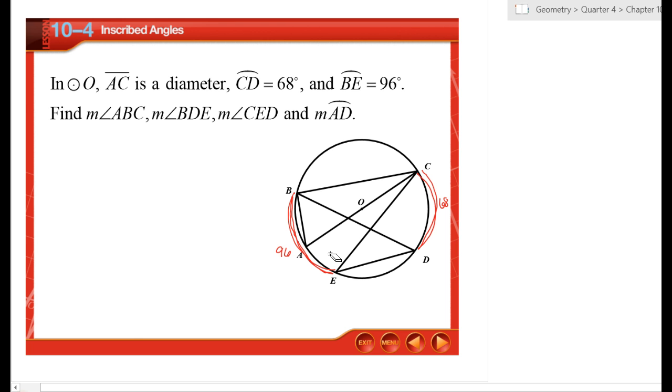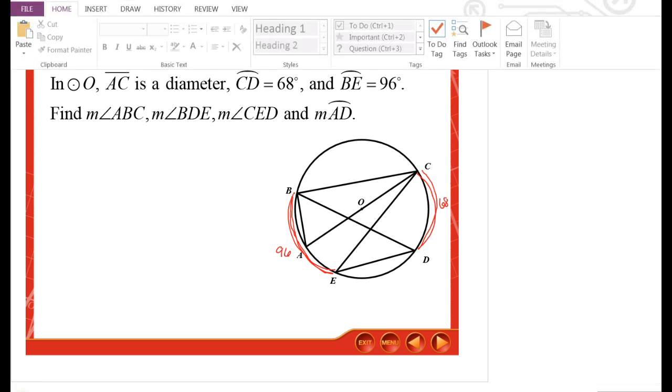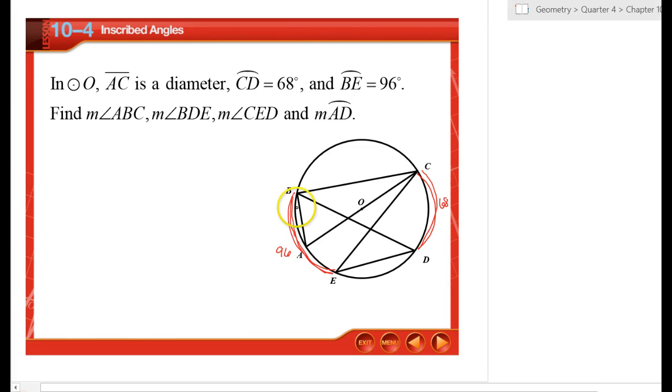Find angle ABC, angle BDE, angle CED, and arc measure of AD.